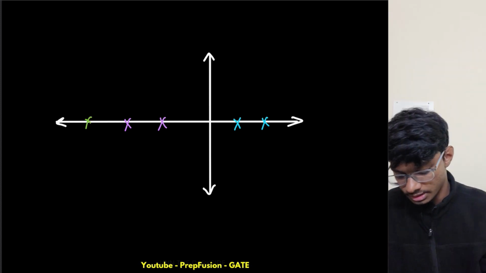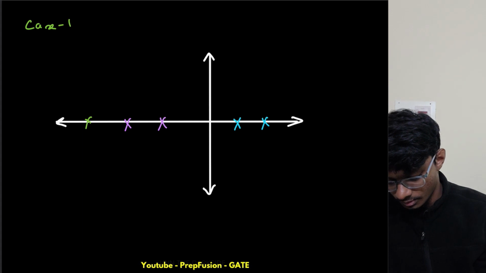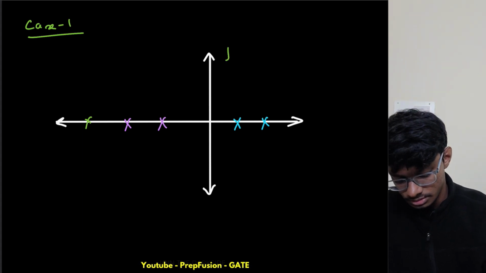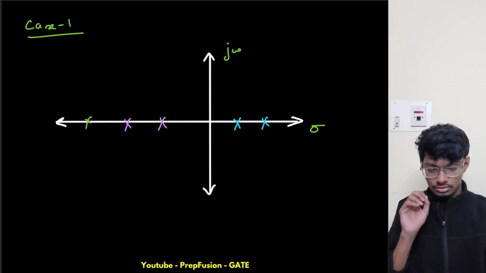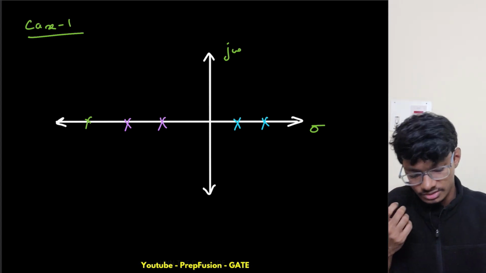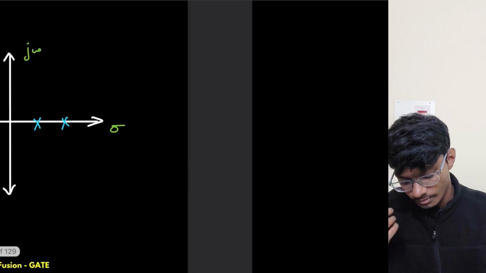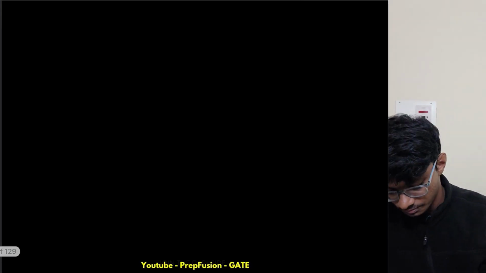This is case 1, where this is j omega and this is sigma. Now is there any case 2? So what is case 2?